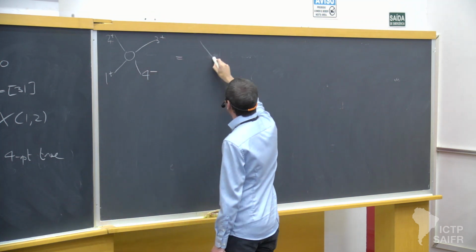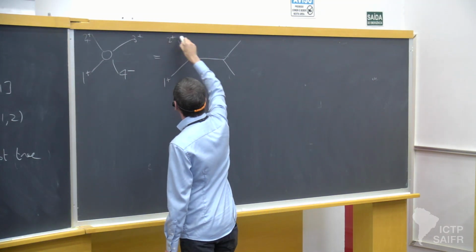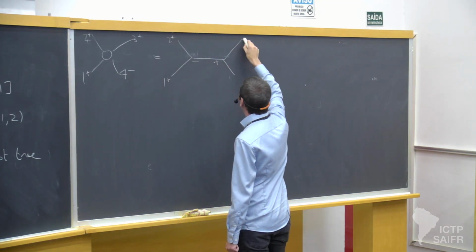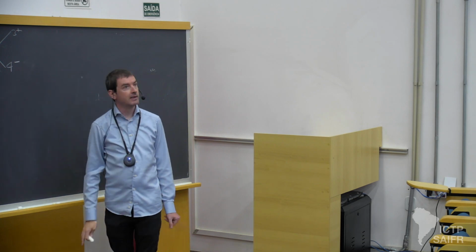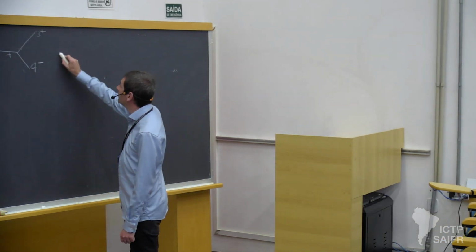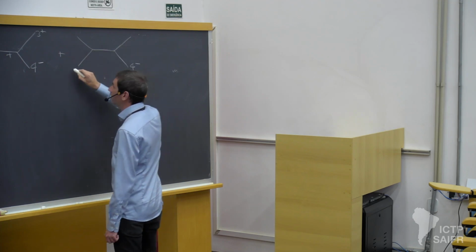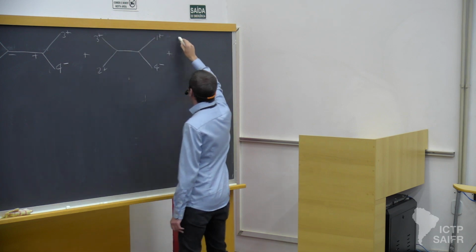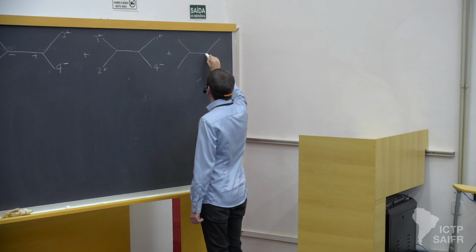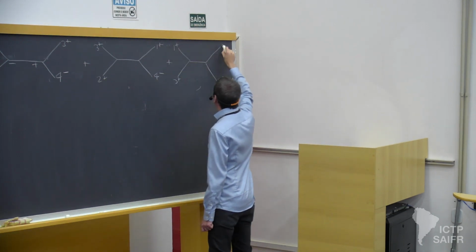So let's draw out the diagrams. This is another reason why you always have to have one minus outside when you're drawing these trees. It's easy to see that from a counting argument. 4 minus, 2 plus, 3 plus, 1 plus.